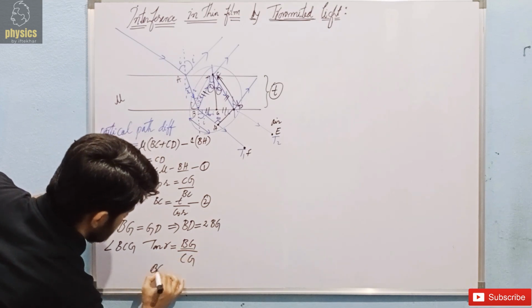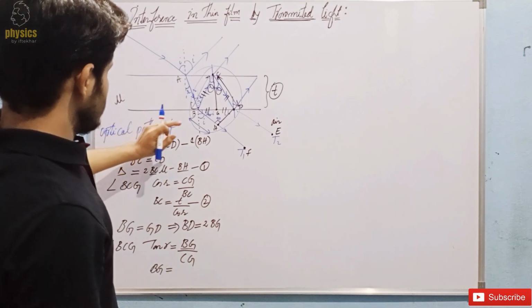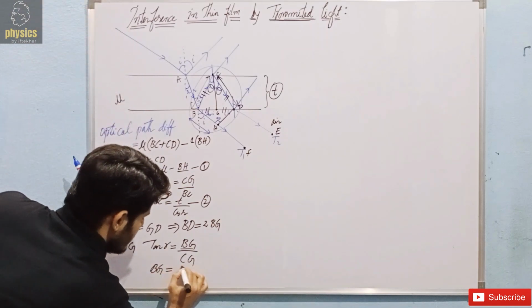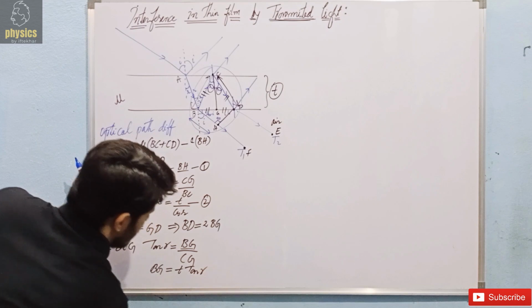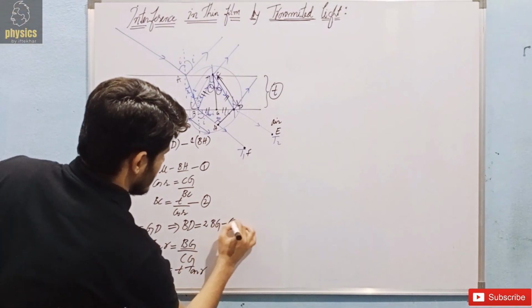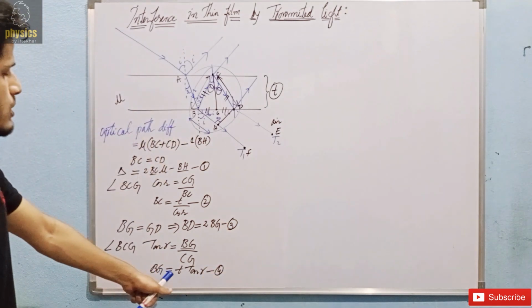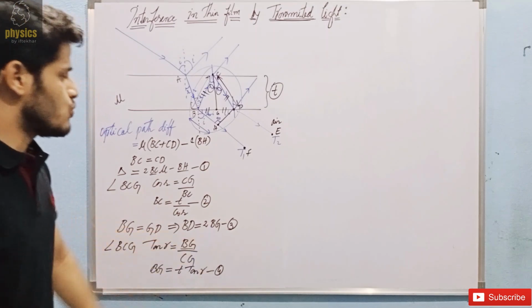So BG is equal to CG, the thickness of the thin film, that is T, into tan R. So this is my equation 3, this is my equation 4. Now I'm going to substitute the value of BG in equation 3.